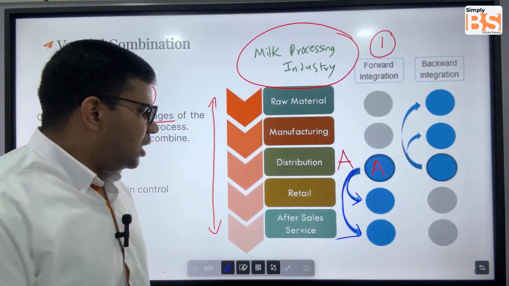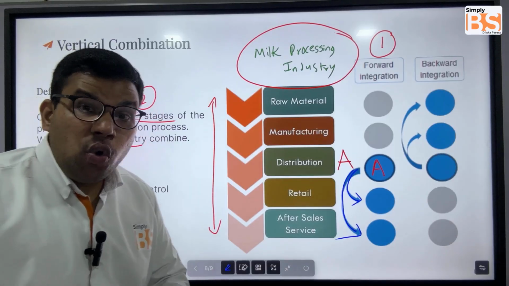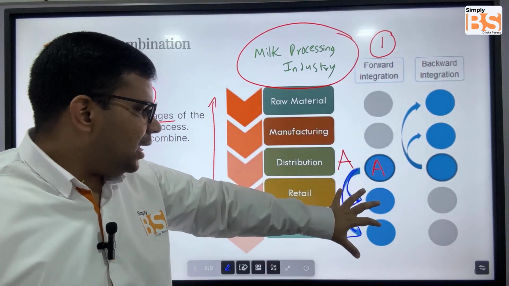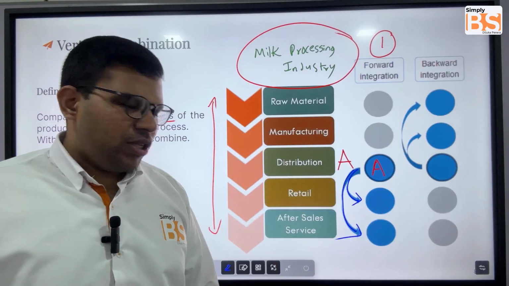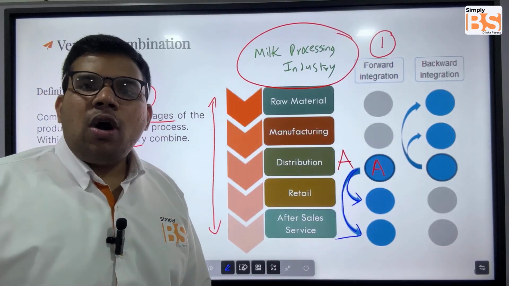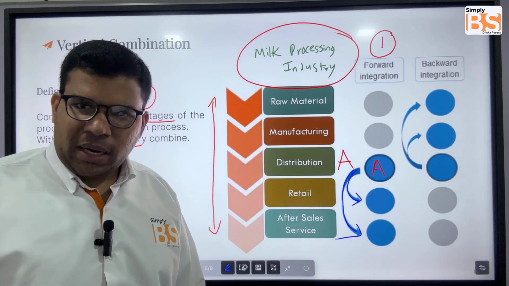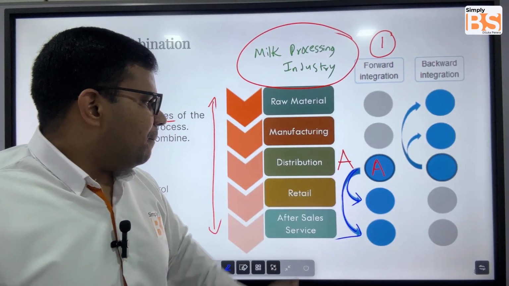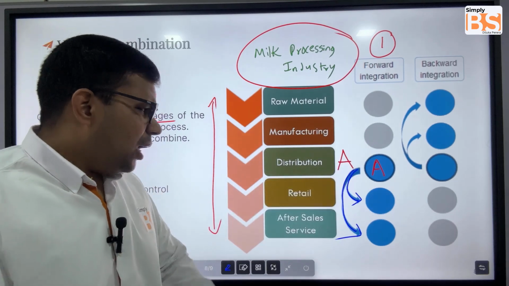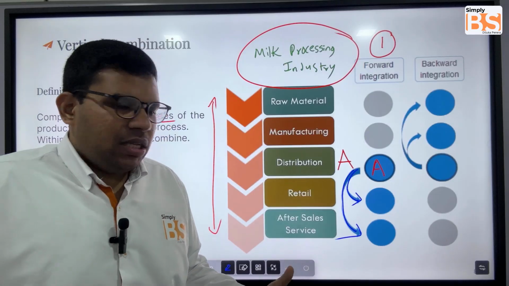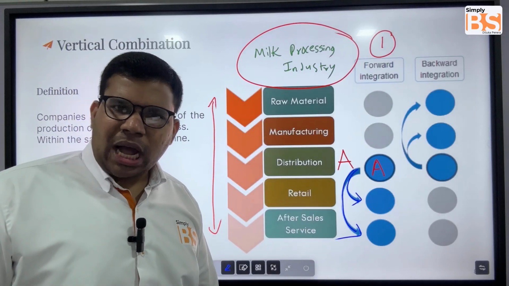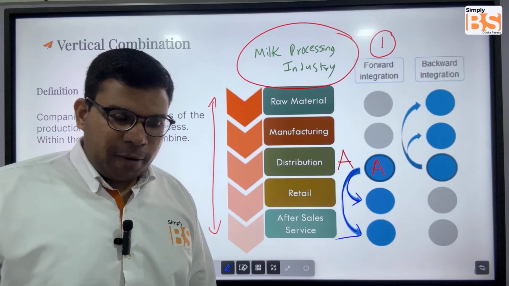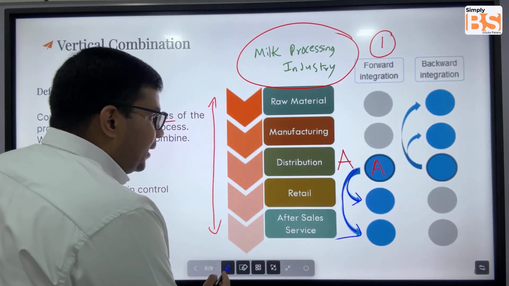A distribution company is moving forward in the process, combining through a merger or an acquisition with a retailer or after sales services company. So Company A could merge with, let's say, a popular supermarket chain. They're moving forward.